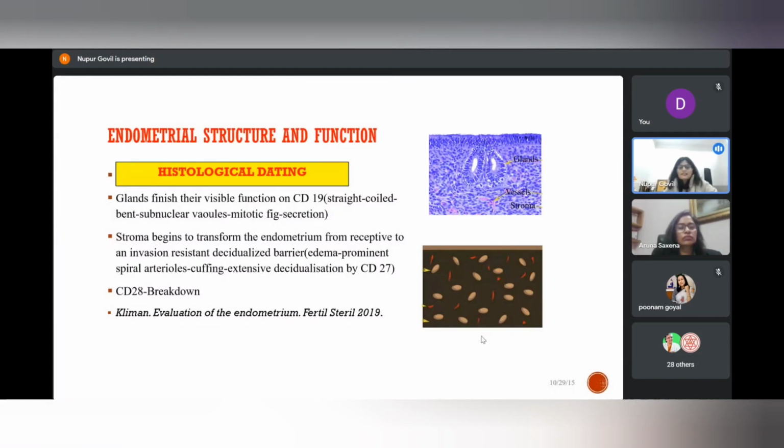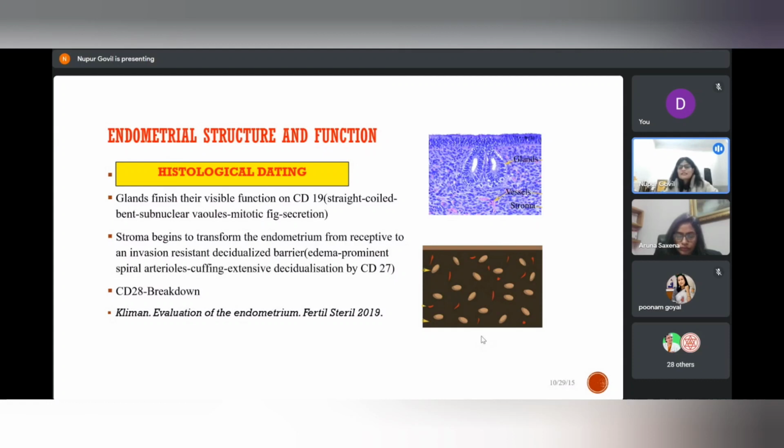These are the transformations that take place, and according to the earlier criteria, the Noyes criteria, this histological maturation happens in a very timed fashion, and by doing that timing, that dating, we can predict whether the endometrial maturation is appropriate for the date or not.